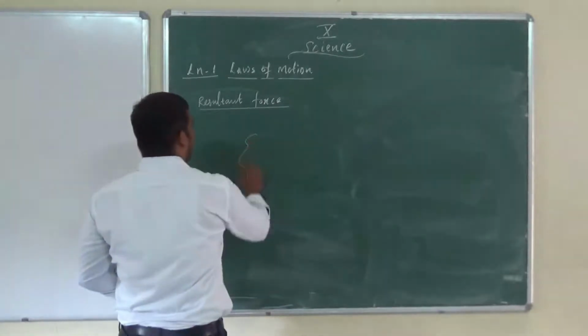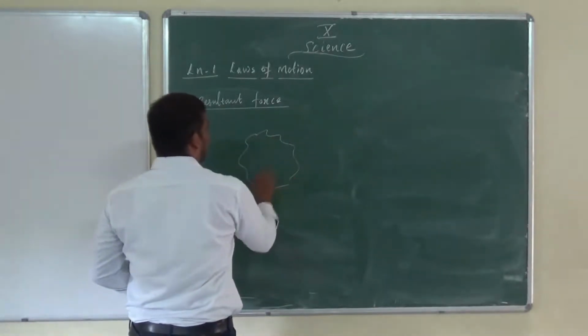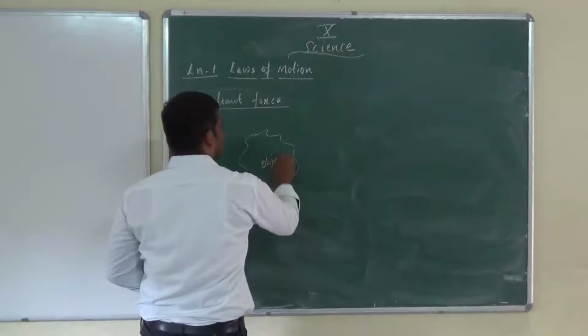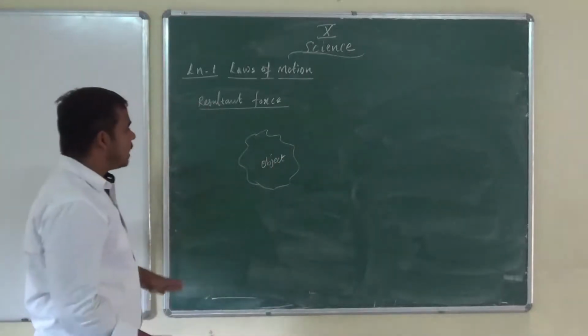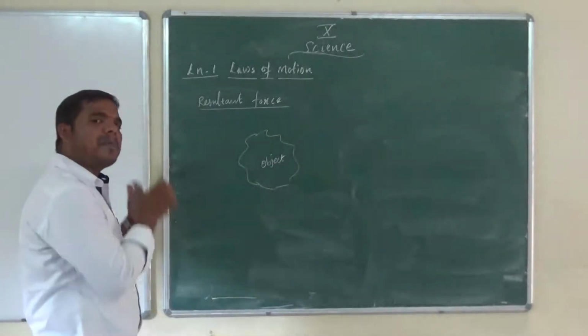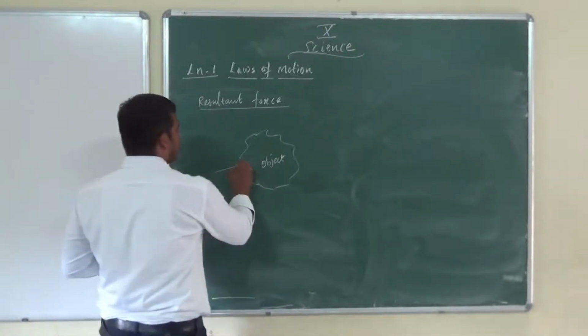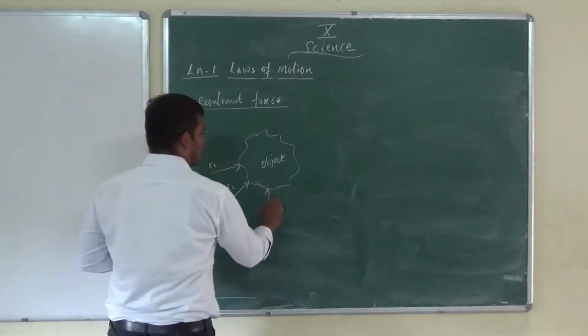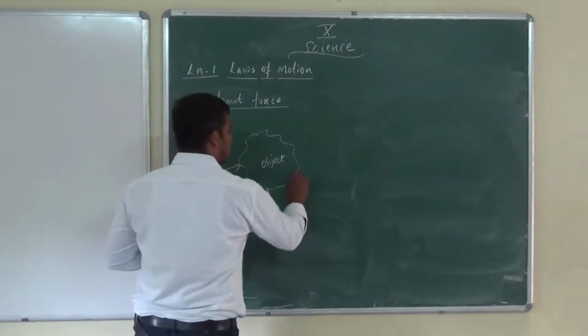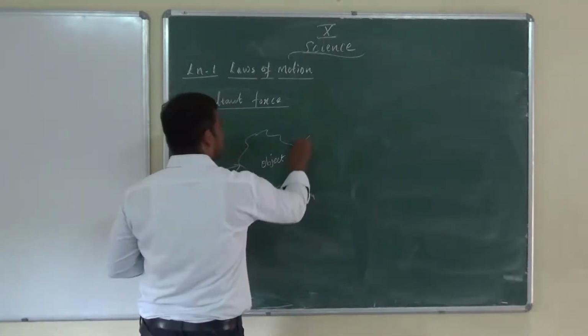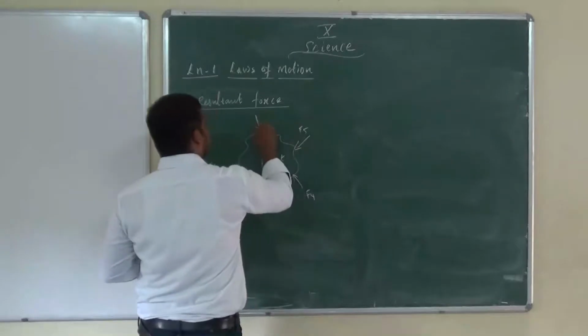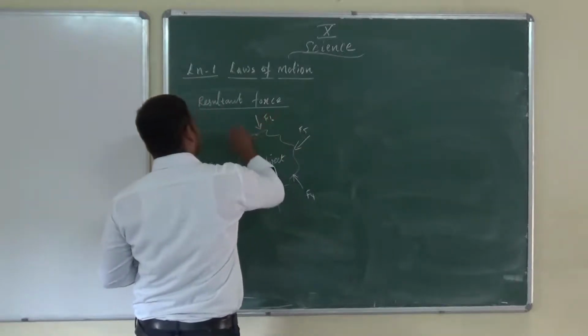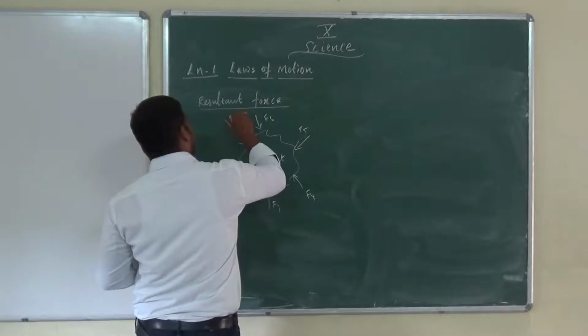See, I will take one object. In that object, I can apply a number of forces. See, this is F1, F2, F3, F4, F5, F6, F7.